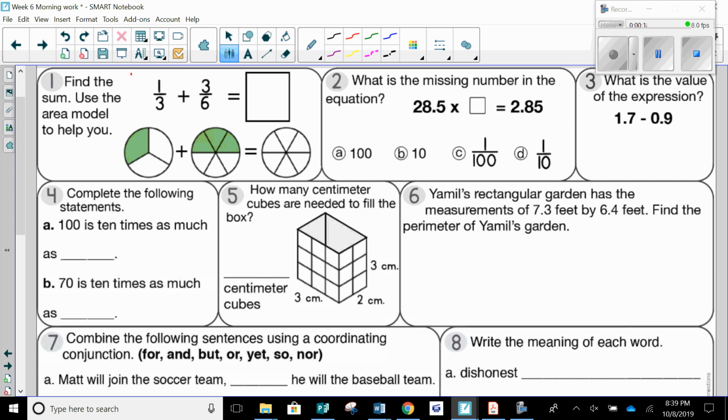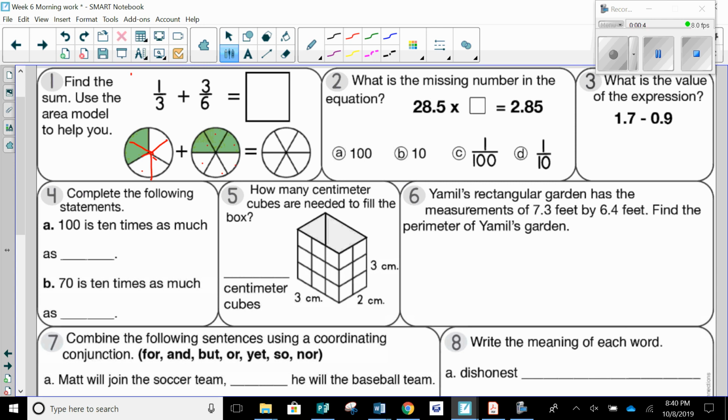Number one says find the sum, use the area model to help you. I need to make my area models look the same so that it's easier. So if I extend my lines, now I've divided these into 1, 2, 3, 4, 5, 6, and then these are 1, 2, 3, 4, 5, 6.